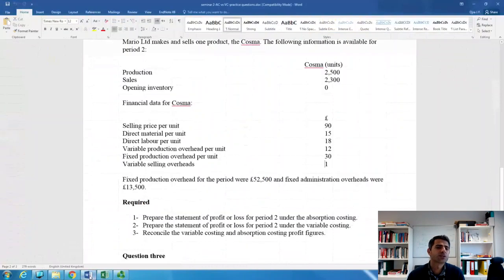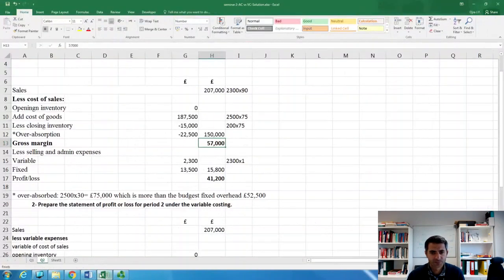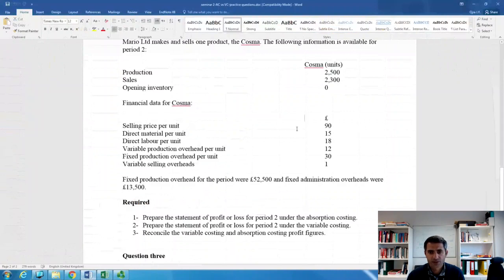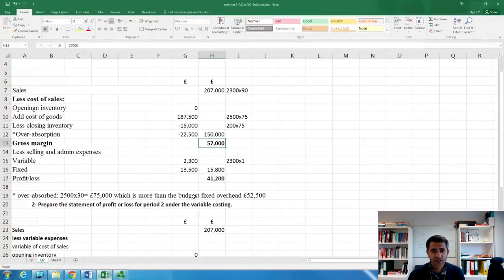So if you look at the question here, it does tell you that we have variable selling per unit £1, and how many units have we sold? We have sold 2,300. So 2,300 units times £1 equals £2,300, as you see.